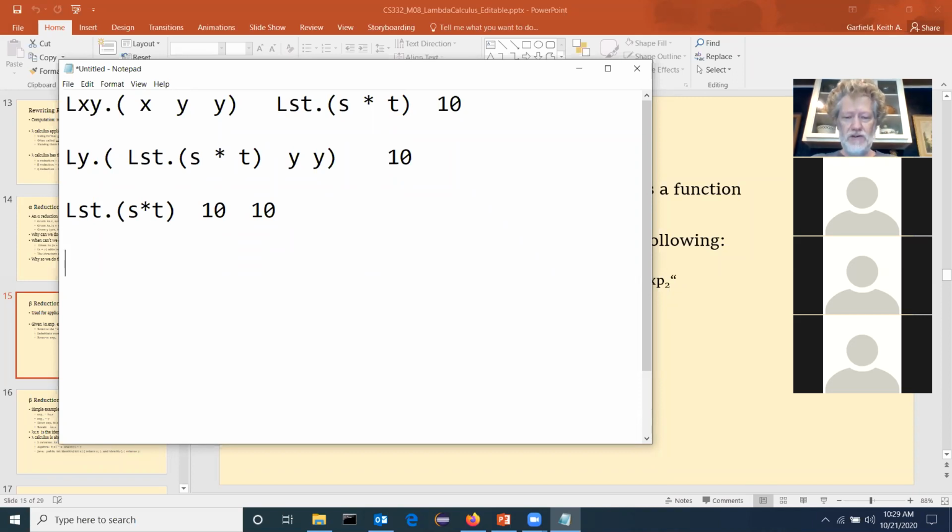So that first 10 goes in for the s. I get rid of the s. And then I can do it again. I get rid of the λt dot and I get 10 times 10. And because we know what math is, we can resolve that. I'm pretending that numbers in math exist. You see how this can start to get sophisticated and complicated. We won't get too far along in this.